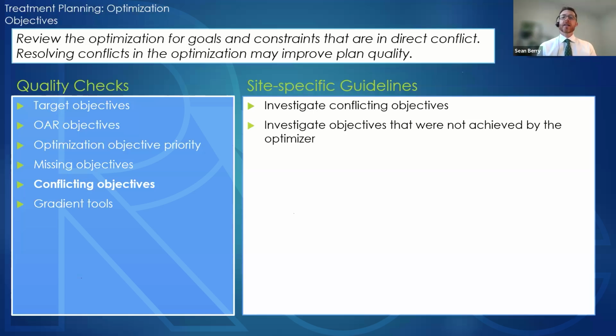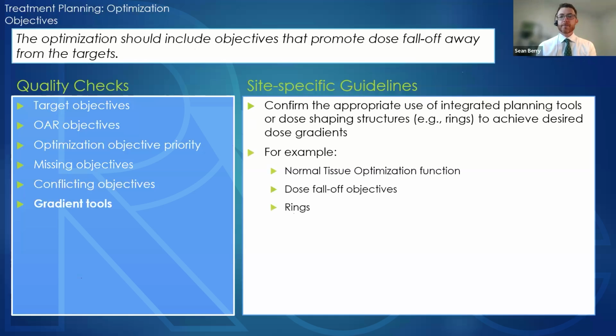And if you do that, the output is going to possibly have inadequate target coverage or inadequate organ at risk sparing, excessive hotspots, dose streaking, high modulation. It's important when a person optimizes to create the optimization in a way that reflects the physical reality of what's actually happening in the patient. You can't ask for impossible things.